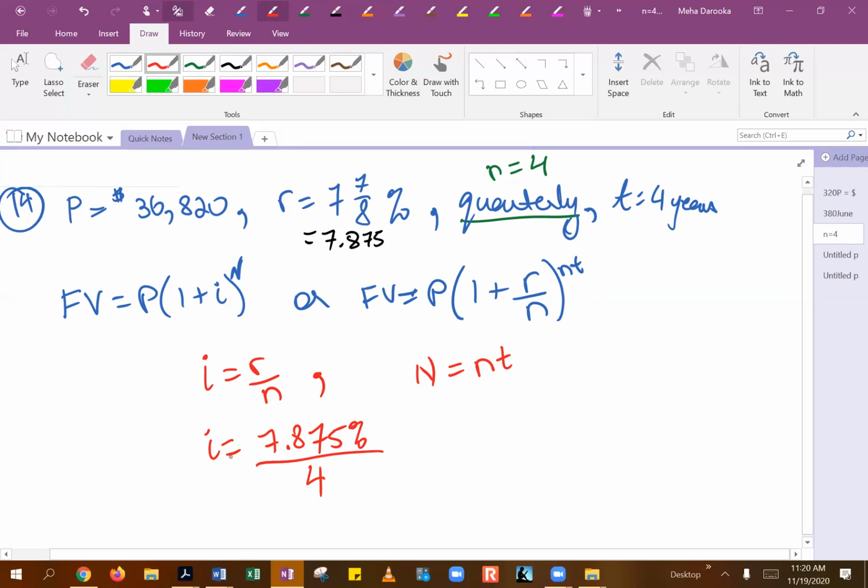Now for this capital N, which is the formula from your textbook, to calculate this capital N, you would take your 4 quarters in a year, multiplying it by the total number of years, which is also 4 years. That would give us 16 as our compounding periods, I think is what your book is calling it.